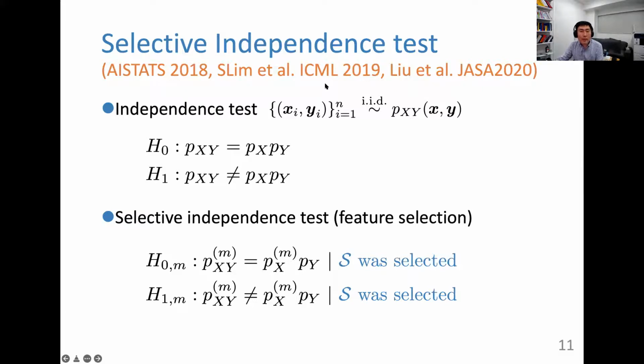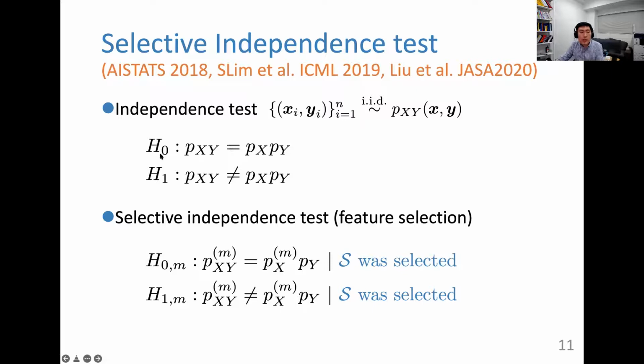Before I talk about the selective independence test in detail, I first introduce the independence test. I think most of you know what an independence test is, but just as a reminder: we have a set of paired data points X and Y, where X is the input and Y is the output, with n samples.